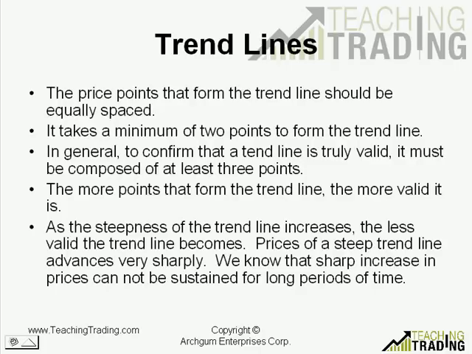As the steepness of the trend line increases, the less valid the trend line becomes. Prices of a steep trend line advance very sharply. We know that sharp increases in prices cannot be sustained for long periods of time.